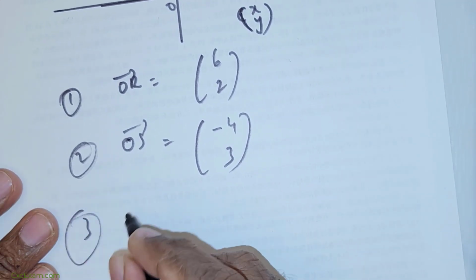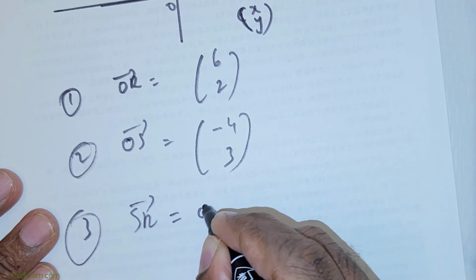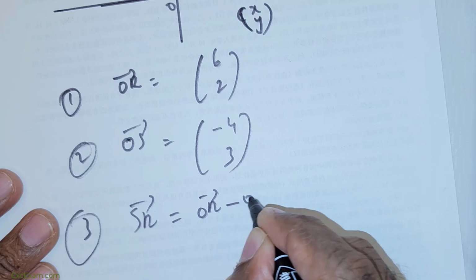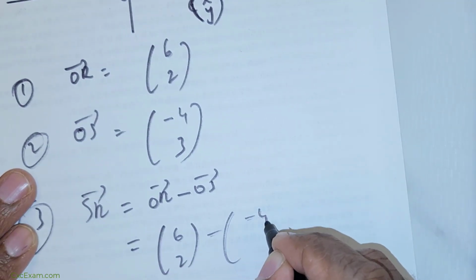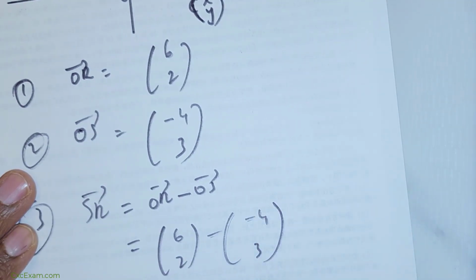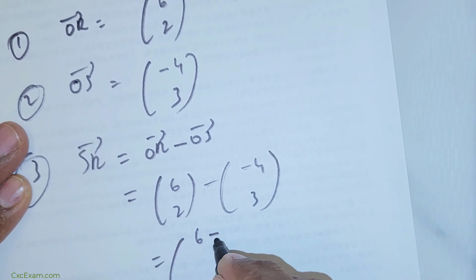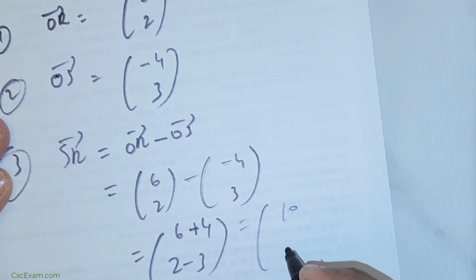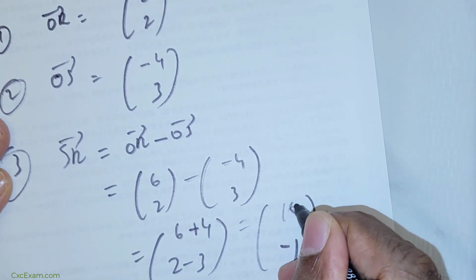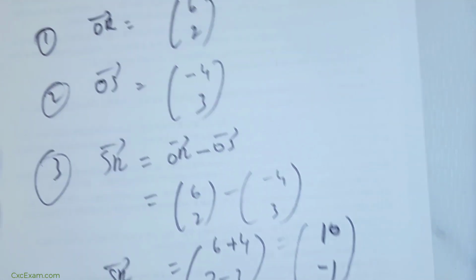Okay, next we have to write SR. Now SR is nothing but OR vector minus OS vector. So OR vector is [6; 2]. OS vector is [-4; 3]. So this is going to be 6 plus 4, 2 minus 3, which is [10; -1]. Okay, this is the answer for SR vector.